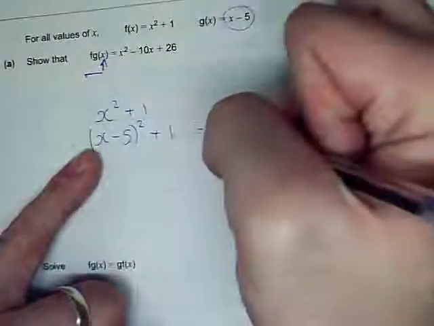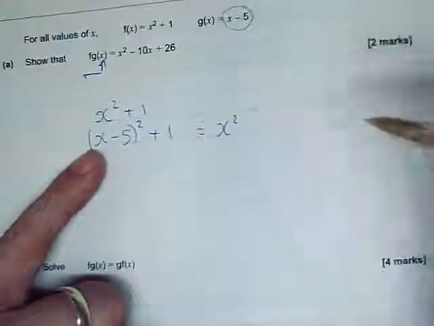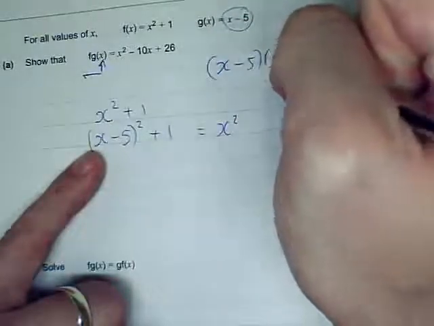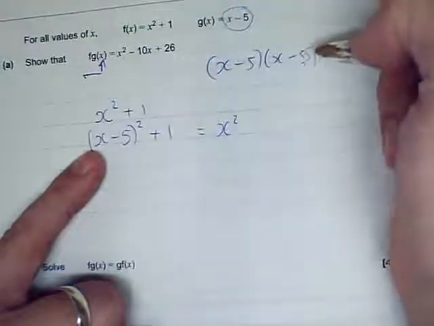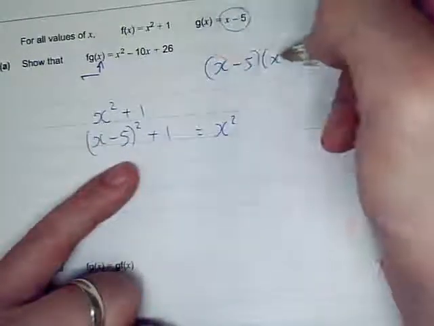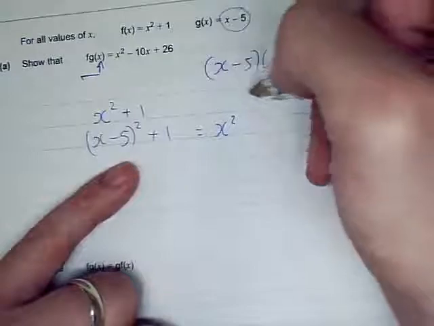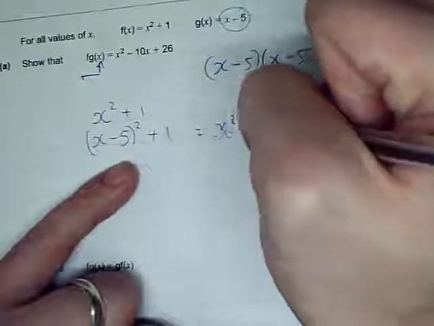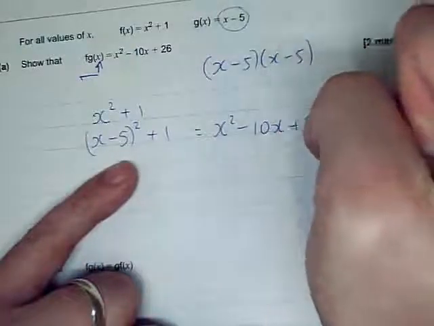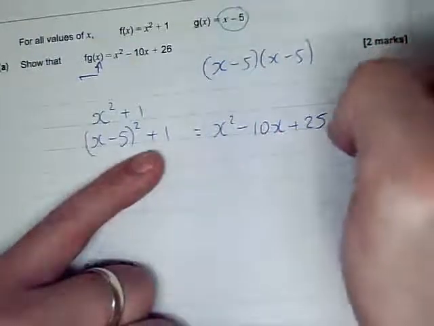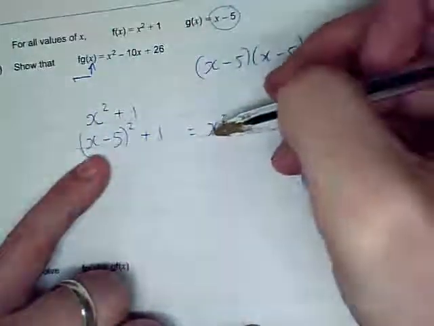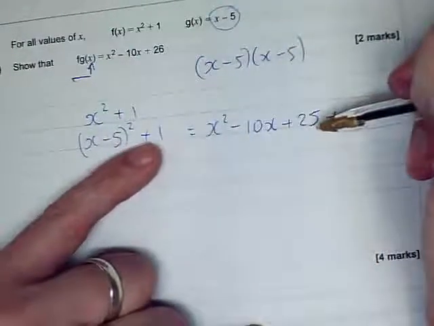Now that's going to give me, well, if you're not sure, you can write out two brackets like this, because that's what x minus 5 all squared is. So it's going to give me x squared minus 5x, which is minus 10x, and then minus 5 times minus 5 is plus 25, and then I'm adding 1 because I've done all of that bit, and then it just says add 1.